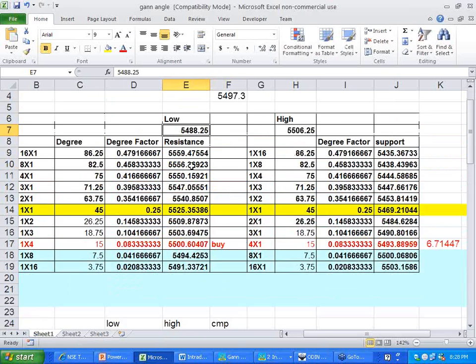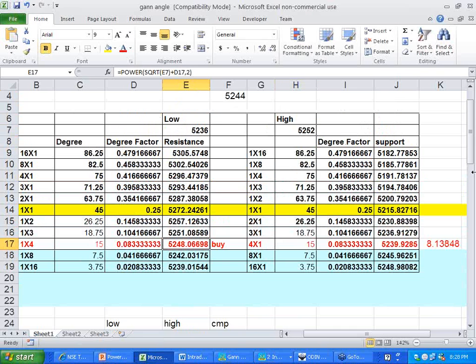Let us input these values: 5236, 5252. It is giving us above 5248 we can think of purchase, and below 5239 or 5240 level we can think of selling, and we are at the 5241 level. We are very close to this selling level.